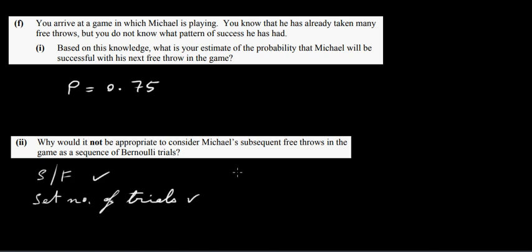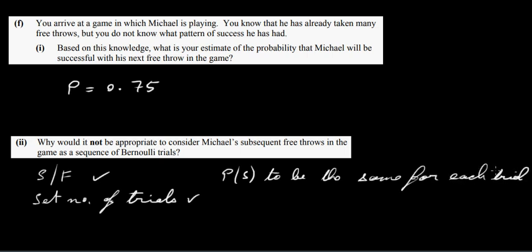We need the probability of success to be the same for each trial, and this doesn't work. The probability of success changes. We saw that at the very beginning of the question. They gave us different probabilities depending on whether he was successful or unsuccessful in a previous throw. And the last one is that trials need to be independent.